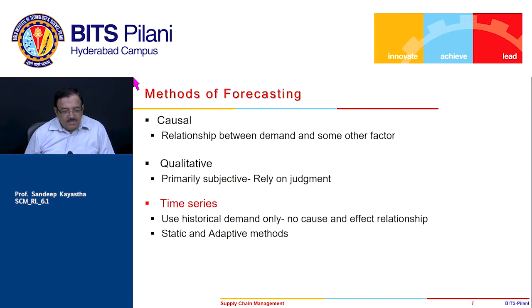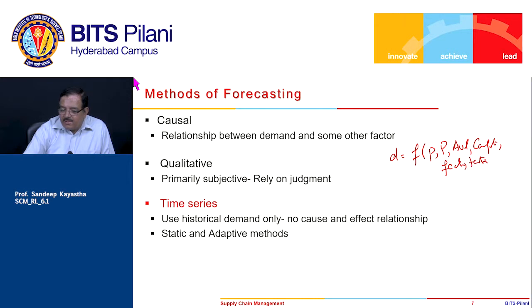Let us look at the various methods of forecasting. The first method is the causal method. Causal is about cause and effect. As we said, demand is a function of several factors, not just price. It depends upon price, promotion, availability, competitors, features, taste, and also demographics.